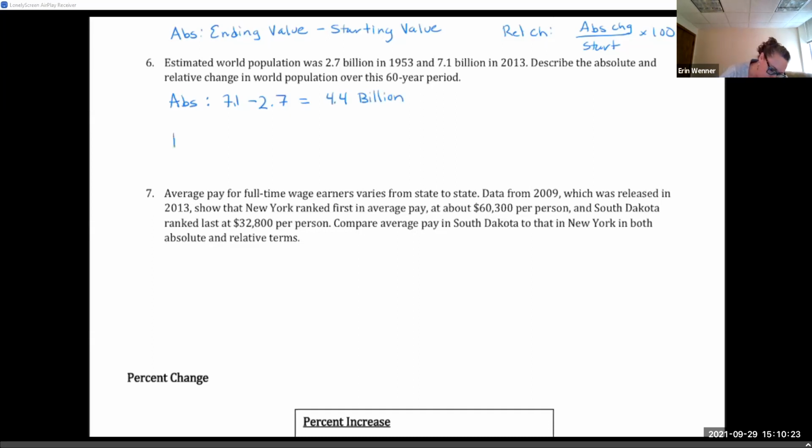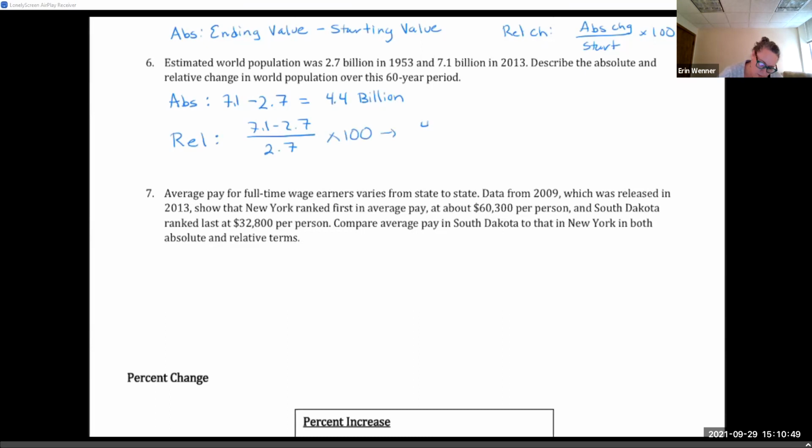The relative change is that difference, 7.1 minus 2.7, as compared to the starting amount, 2.7 billion. You'll notice the absolute change is not a percent answer. The relative change is a percent answer, so we have to make sure we multiply by 100.